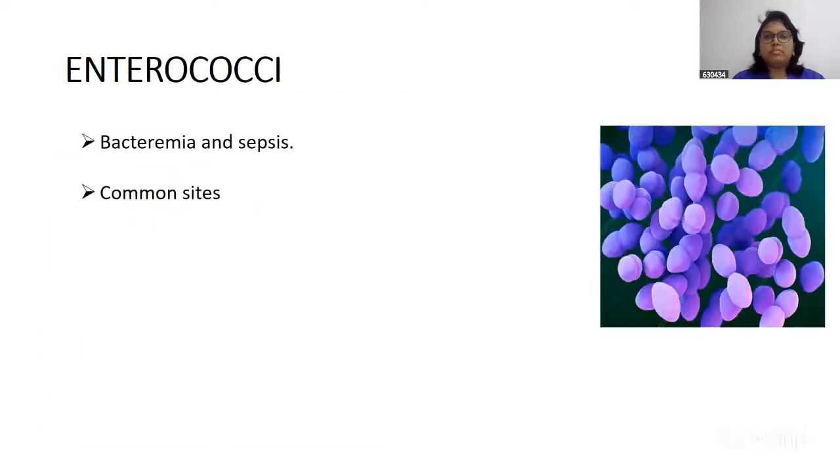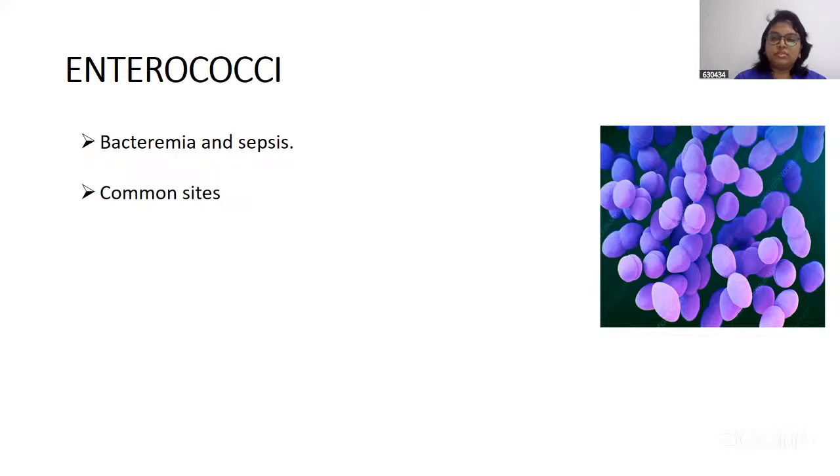So this is about MRSA. Let us talk about Enterococci. When we usually see gram-negative sepsis, Enterococci can also cause up to the extent of bacteremia, sepsis, and septic shock.